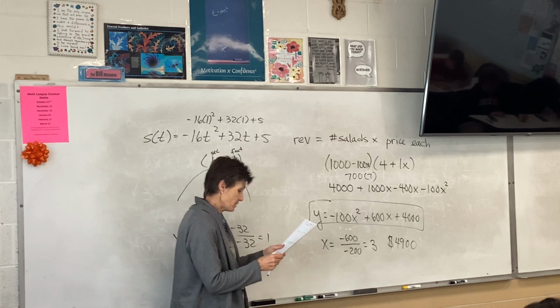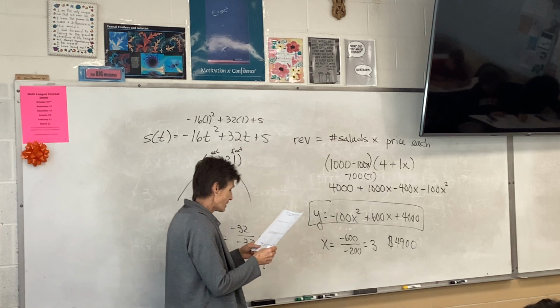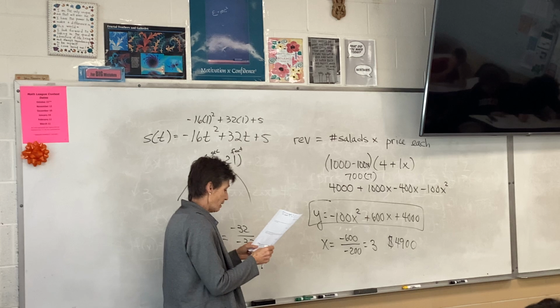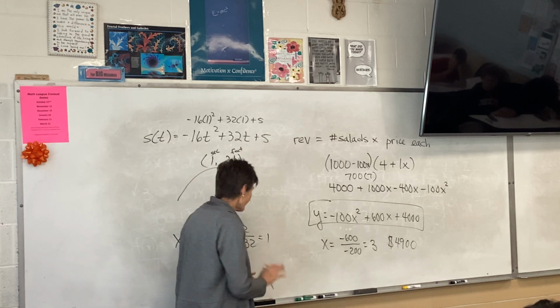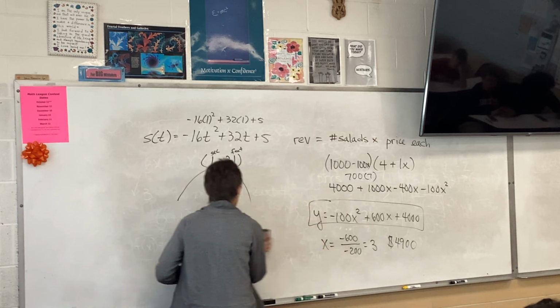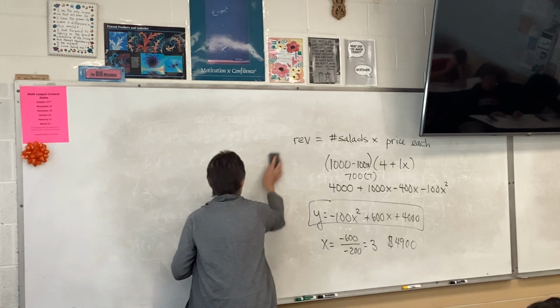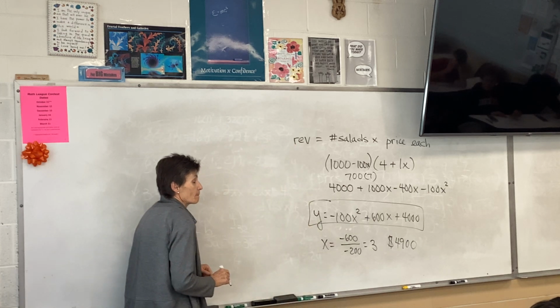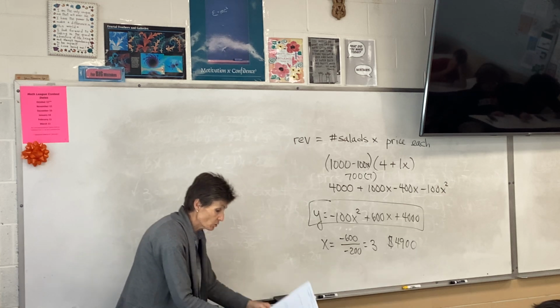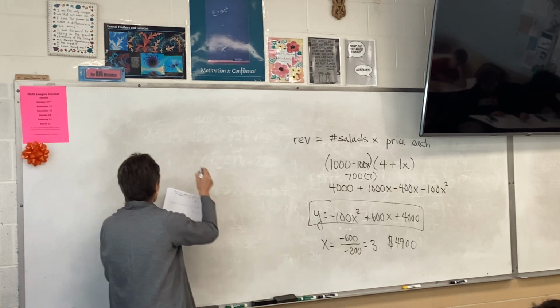All right, between what two consecutive integers does the positive real root of this lie? Now, we've not done this specific problem, but you guys are smart people and you can figure it out. So let's look at the polynomial.